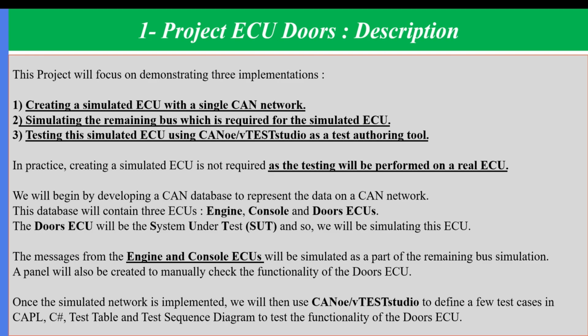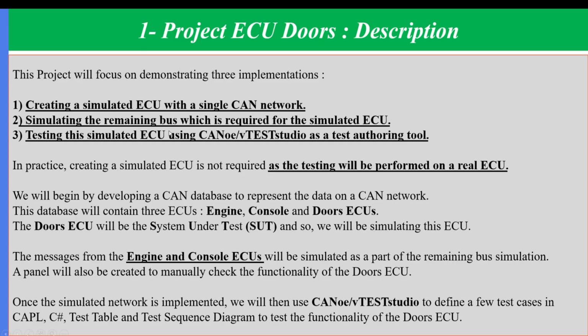So the project we will divide into these main steps. The first thing is to create the simulated ECU with a single CAN network. In our case, we will have one network, which is CAN. Then we need to simulate the remaining bus which is required for the simulated ECU.